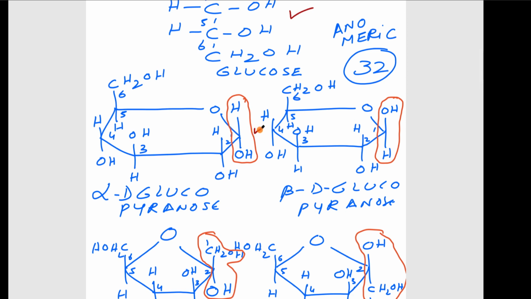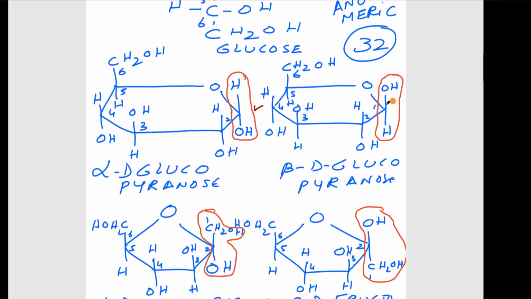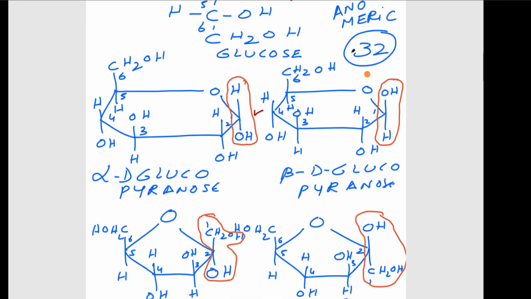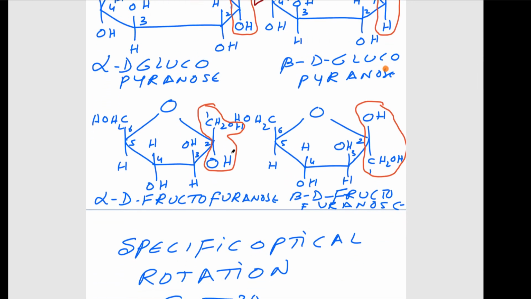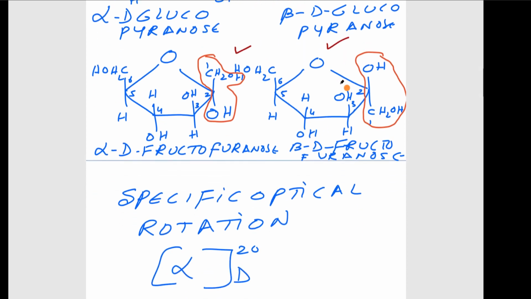So the configuration around the anomeric carbon: OH is below the plane of the ring in one form, whereas the hydroxyl group is above the plane of the ring in the other. Then because of these anomers, instead of 16, 32 isomers are possible. Then we also talked about alpha D fructofuranose and beta D fructofuranose.